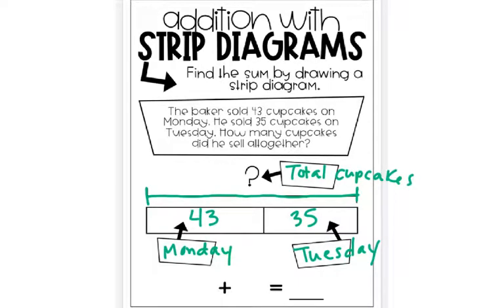So by looking at this strip diagram, I know that the equation I need to solve is 43 plus 35, and that is going to give us the total number of cupcakes. So just to clarify, in an addition strip diagram, we don't know our total, and we are adding our two parts down below to find the total.